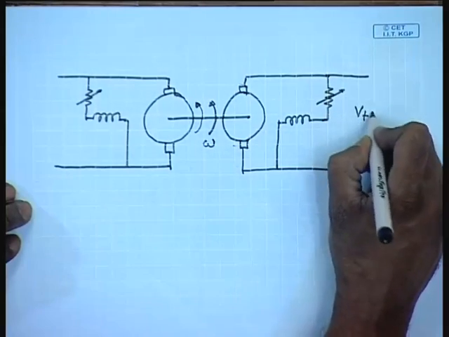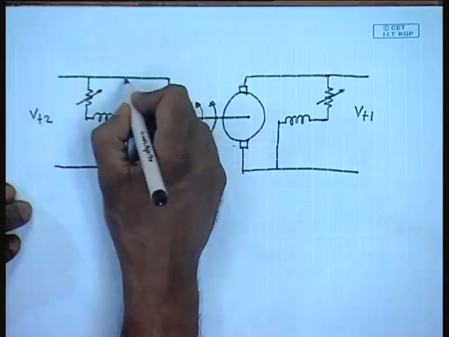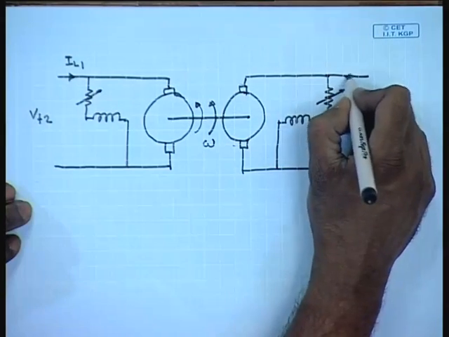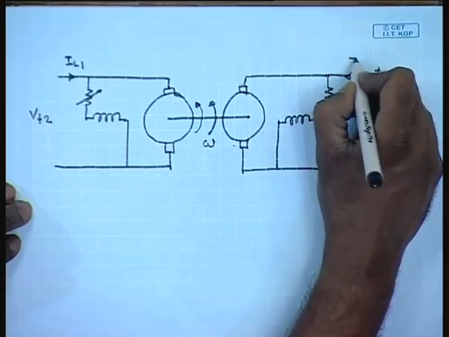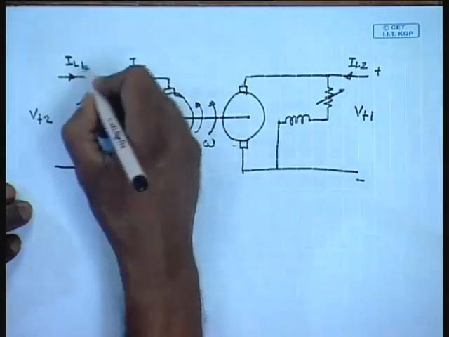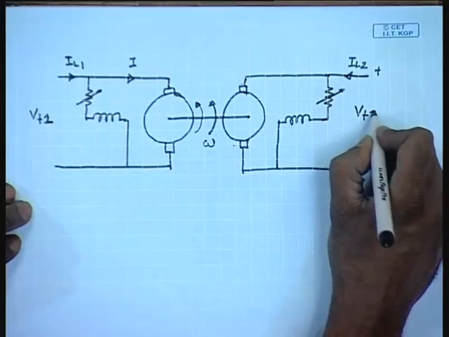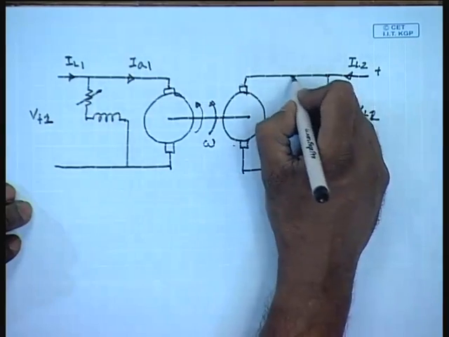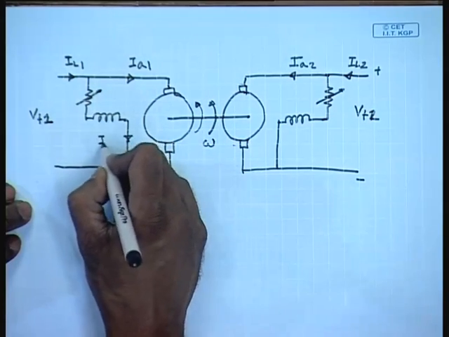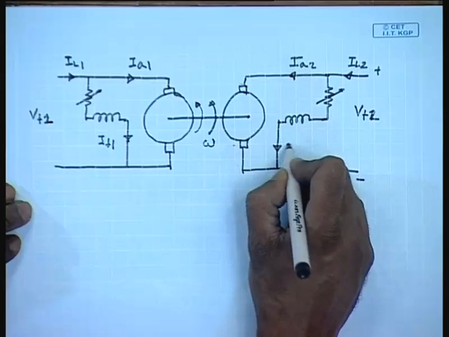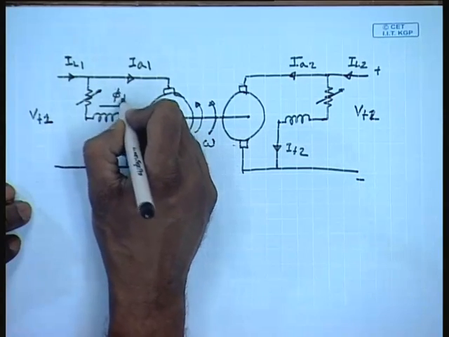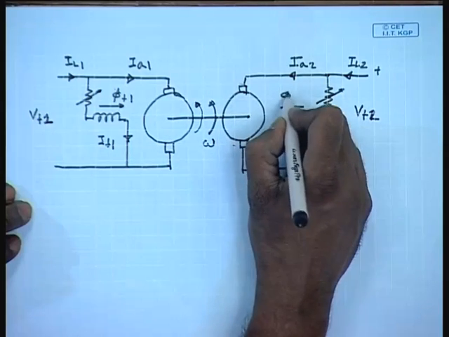This is Vt1, this is Vt2, this is IL1, this is IL2, this is IA1, IA2, IF1, IF2, this flux is phi f1, this is phi f2.